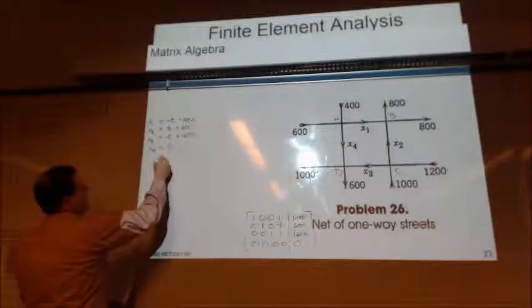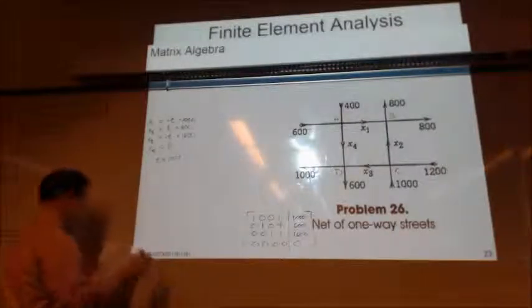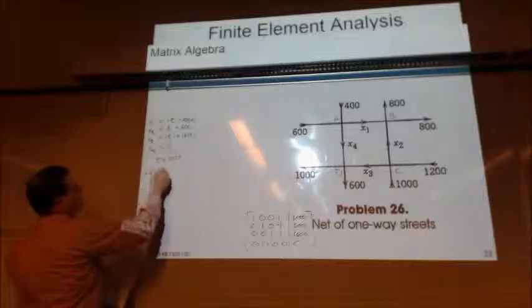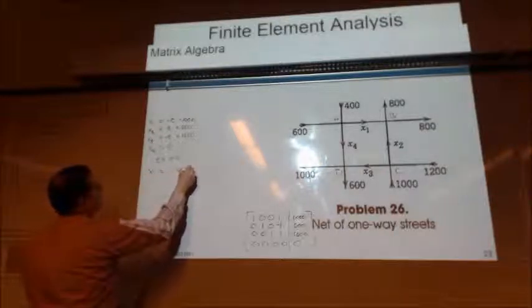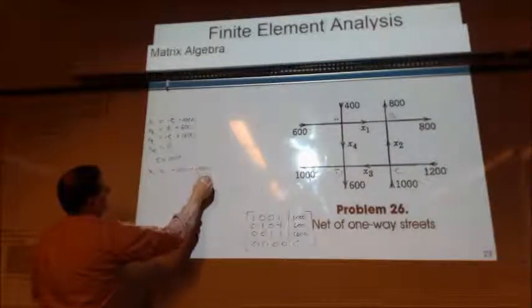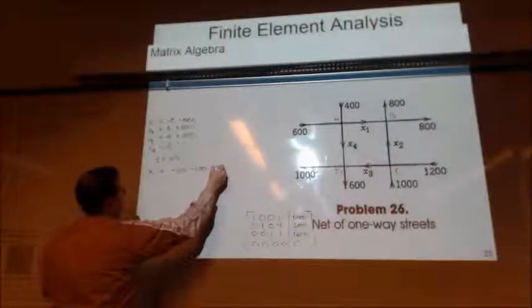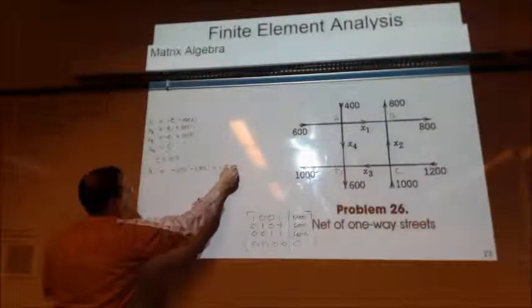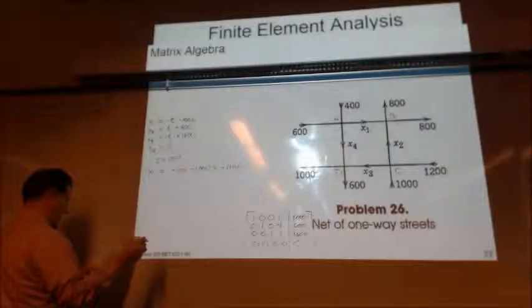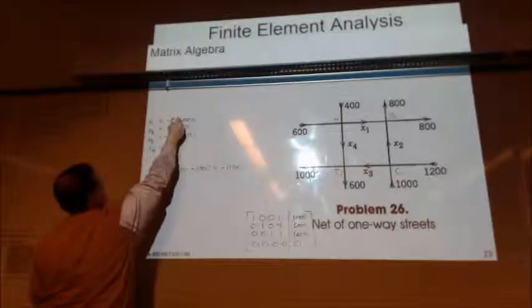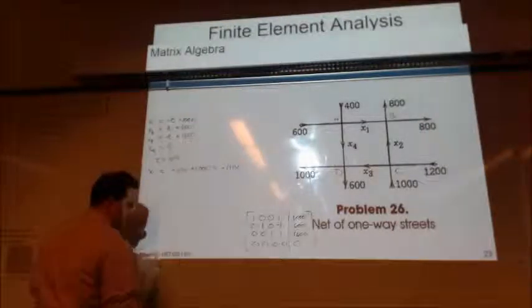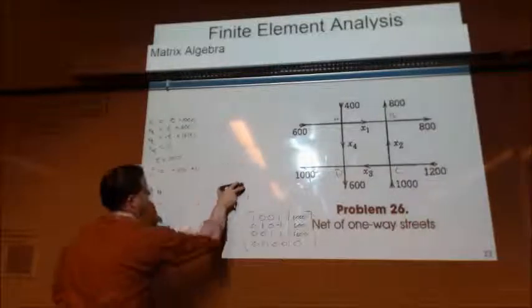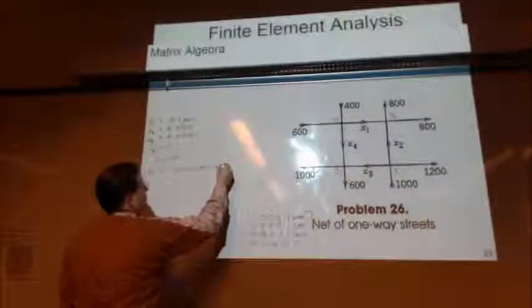So if I say t equals 100, x1 is going to be what? Minus 100 minus 1,000, so that's going to be minus 1,100, right? Or, no, this is supposed to be plus. So that's 900.